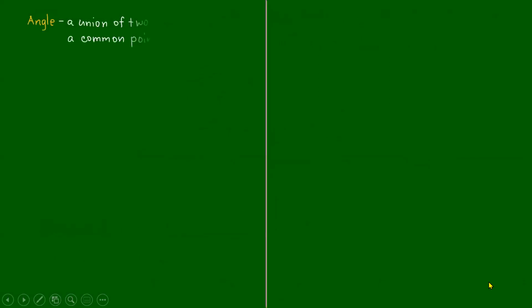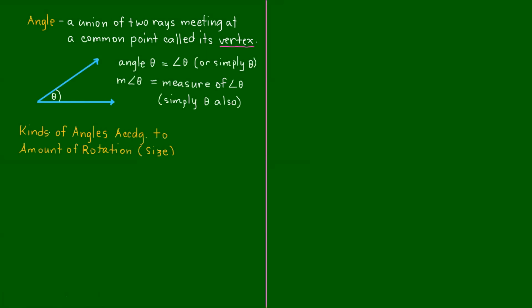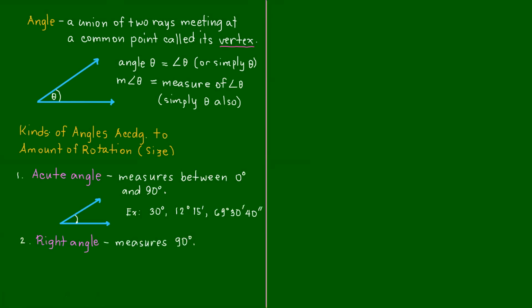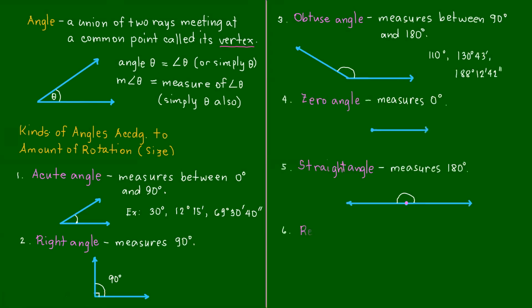And also we had angle, and we say that an angle is a union of two rays meeting at a common point called its vertex. Then we had kinds of angles according to amount of rotation, that is, the size of angles. We have acute, right angle, obtuse angle, and then zero angle, straight angle, and reflex angle.